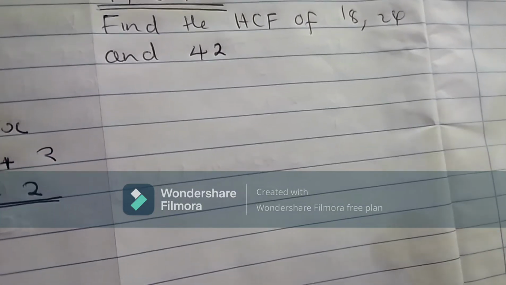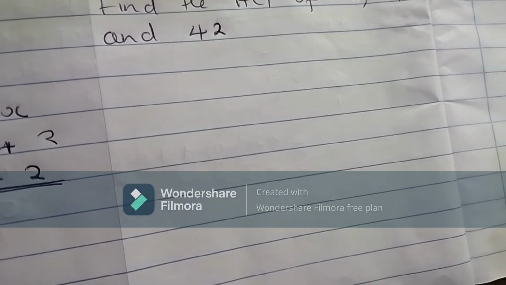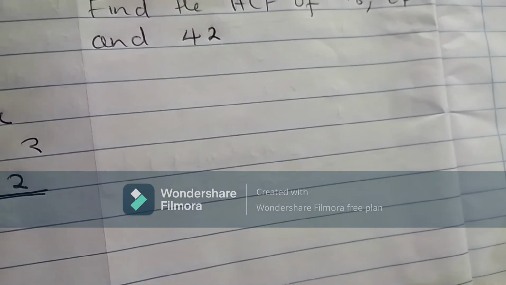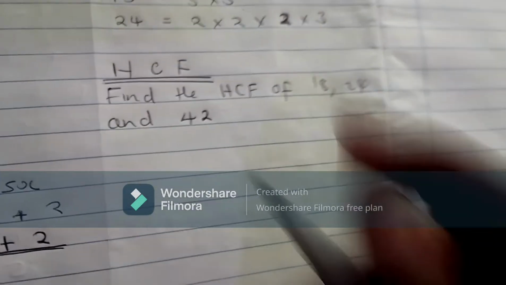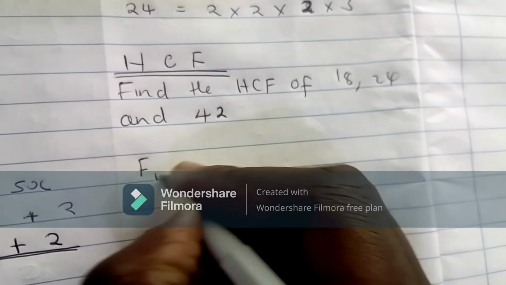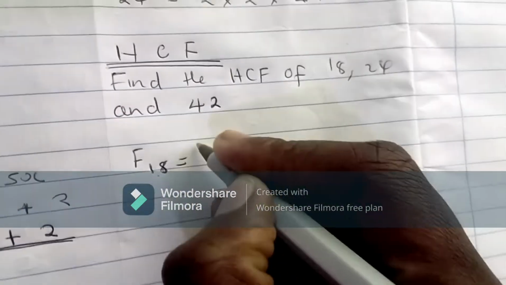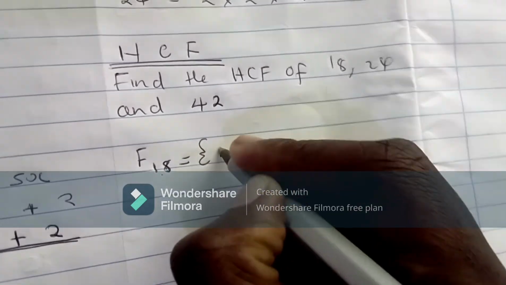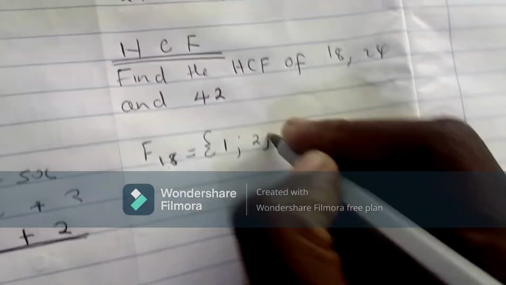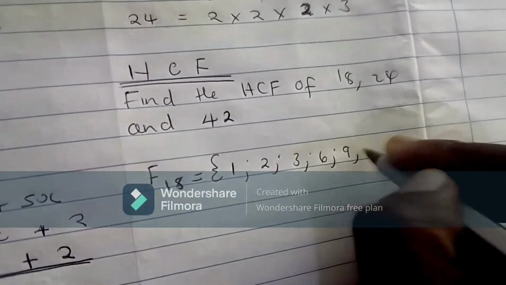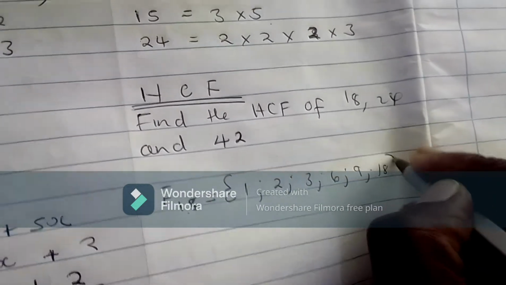We just find the factors of 18, the factors of 24, the factors of 42, right? So we're going to say F18, F for factors. Factors of 18, we have got 1, 2, 3, 6, 9, 18.